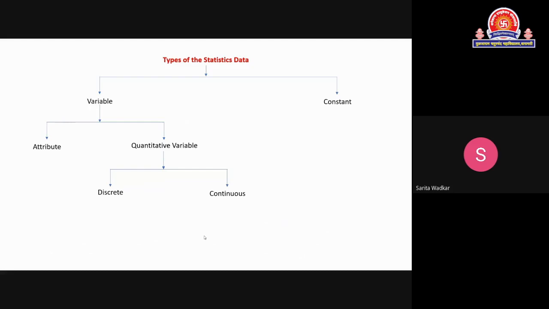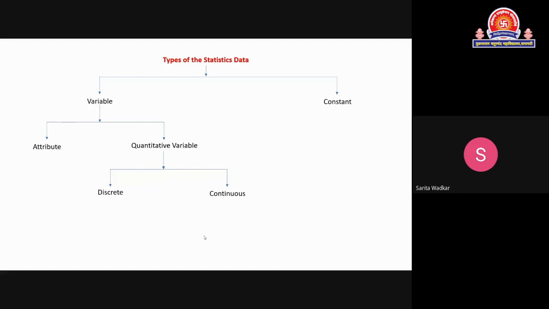Discrete variable. A variable which takes only particular values in the given range is called a discrete variable. Or a discrete random variable is one which may take only a countable number of distinct values such as 0, 1, 2, 3, 4.